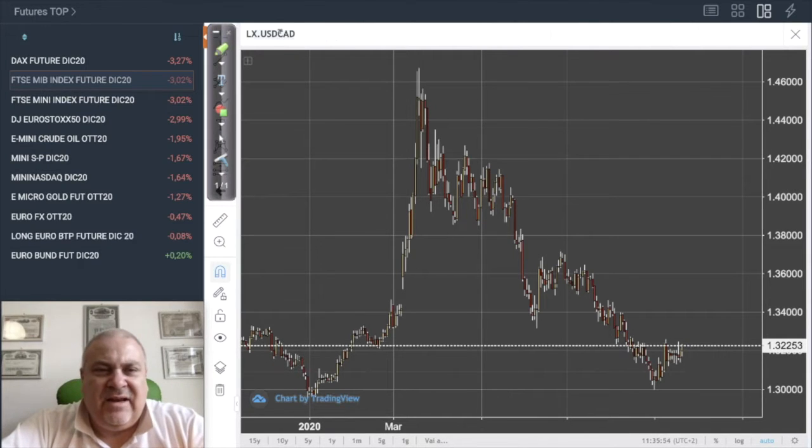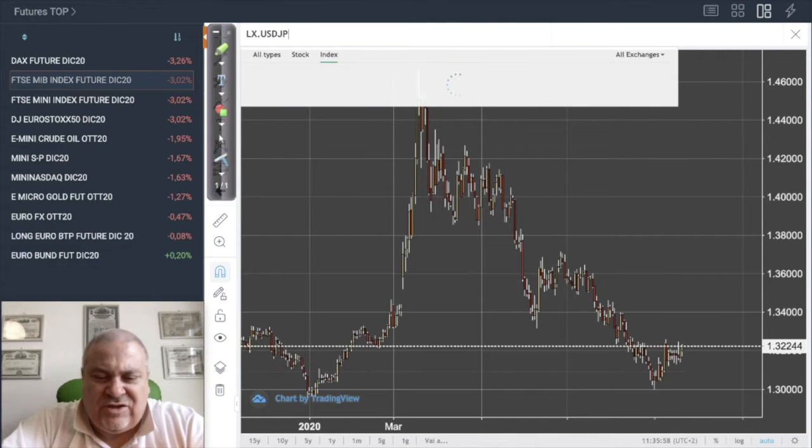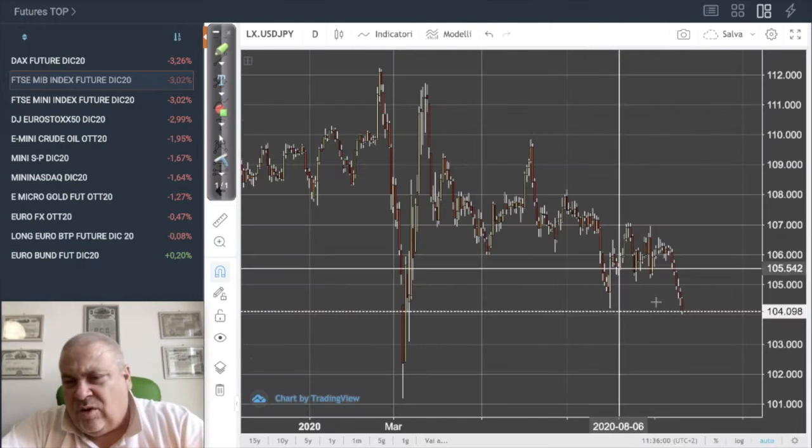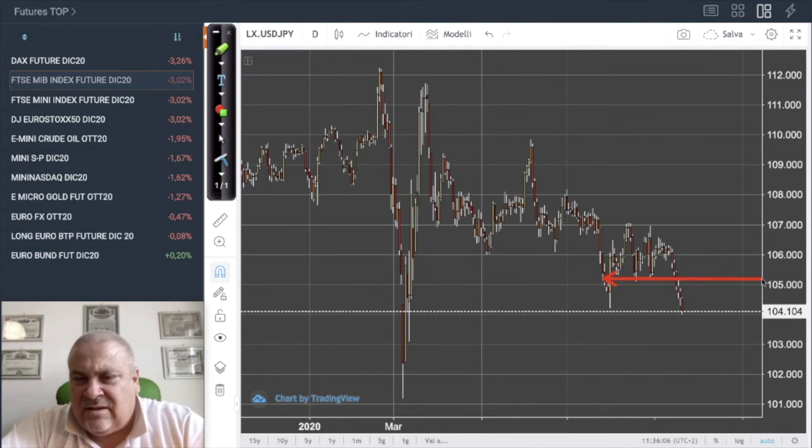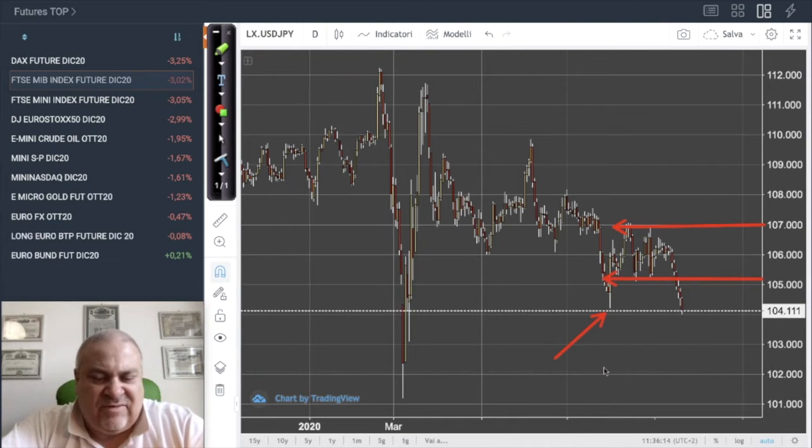So finally, let's see the situation of the US dollar with the Japanese yen, that was for a long time in a box, but then that box ended last week, and we can see that the market clearly ran a lot to the next support, this key level.